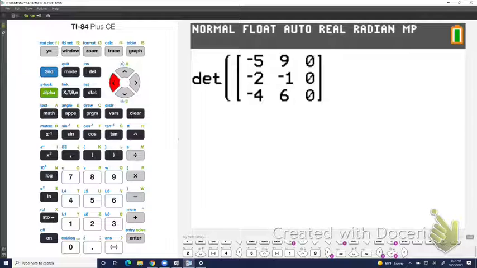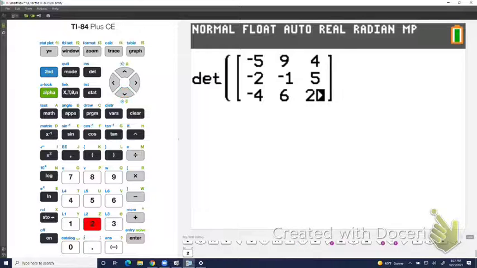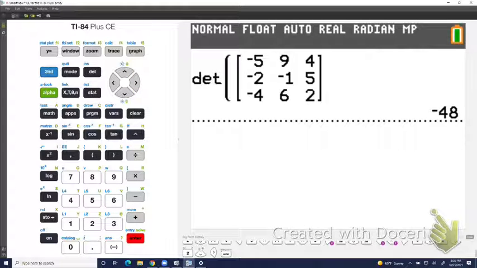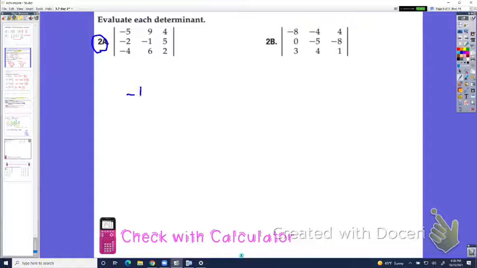All right, then I got 4, 5, 2 in the last column. Okay, so I got all the numbers entered in. If you press enter, you get that it's -48. So that should be the answer to letter 2A, is -48.